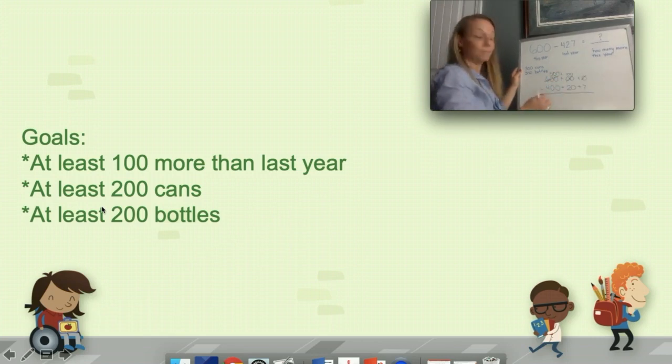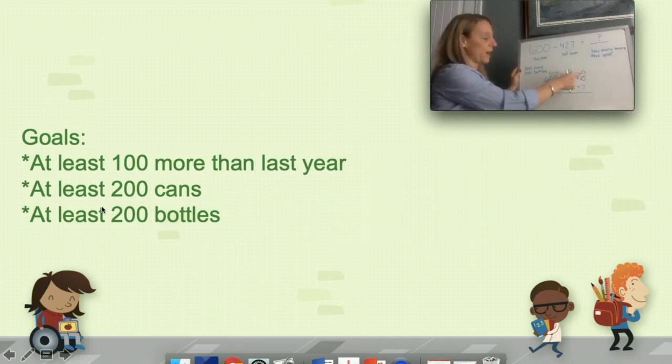Now I can take a set of 10 from here. I can break my tens apart. So if I have 10 tens and I break one apart into ones, I'm going to have 9 tens left and a set of 10 ones.